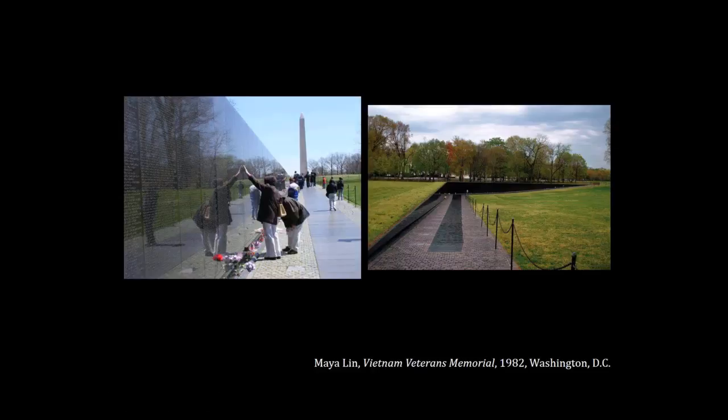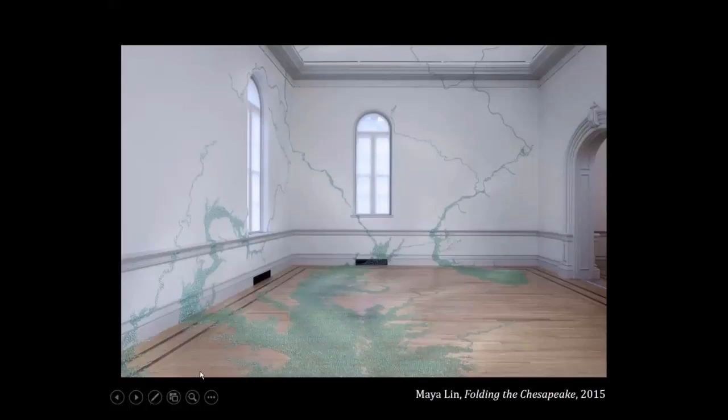The design was pretty controversial at the time. Now it's pretty beloved by many people who visit in DC. Let's go forward and take a look at the installation again. Now this is a few decades later, and she is creating this work.